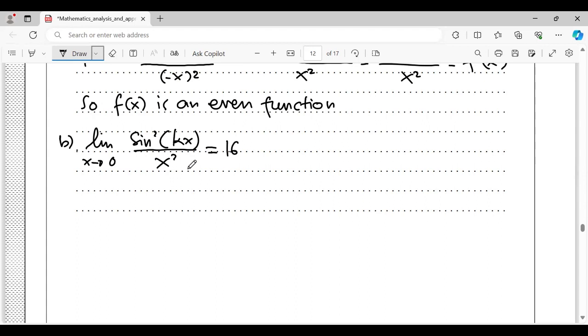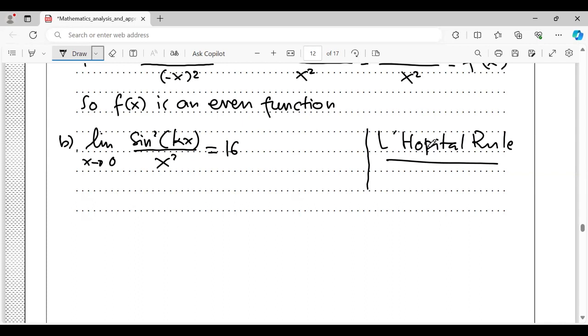Now, I'm going to do this to find the differential of numerator and denominator based on the L'Hopital rule.